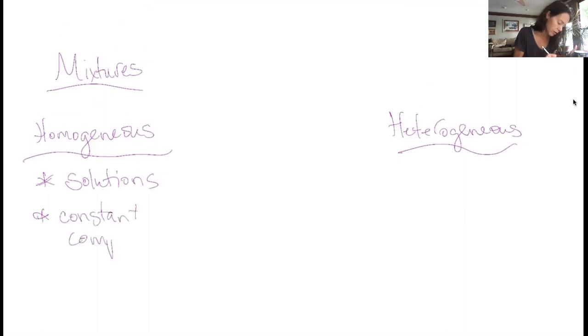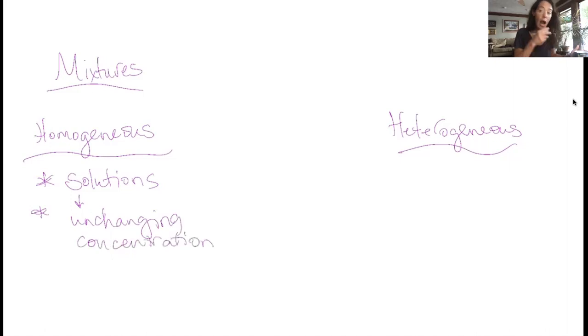We kind of talked about this when we talked about intensive properties, and we said composition. I'm actually going to change that. They have an unchanging concentration within each solution, right?